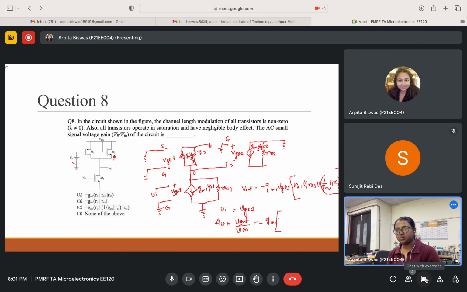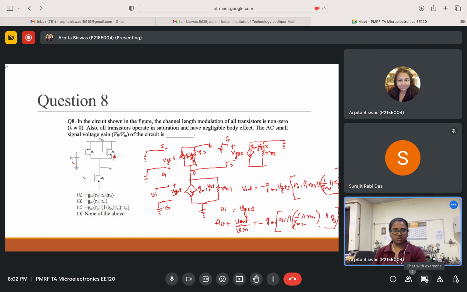Then we can write r01, which is parallel with 1 by gm2, which is parallel with r02, overall parallel with the r03. So now it is matched with your answer. Yeah, just matched. Okay. So move towards the next question.